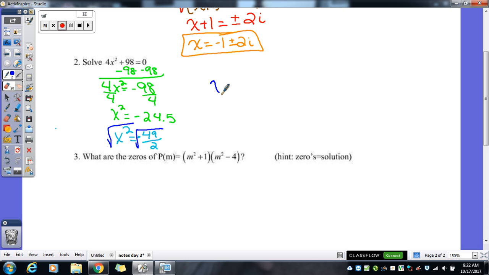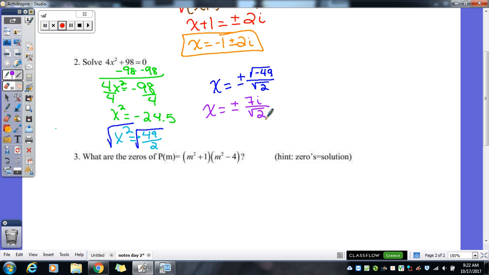So I would have x equals plus or minus the square root of negative 49 over the square root of 2. What does the square root of negative 49 turn into? 7i. And then can we leave a radical 2 in our denominator?